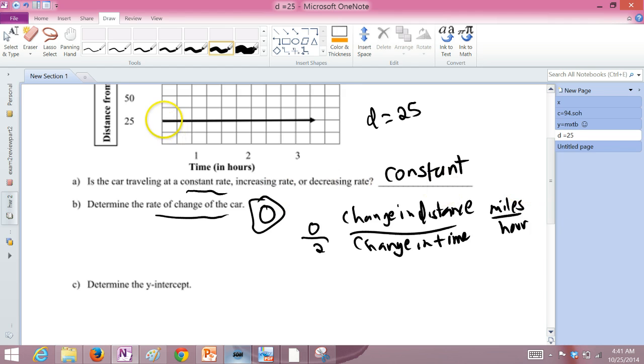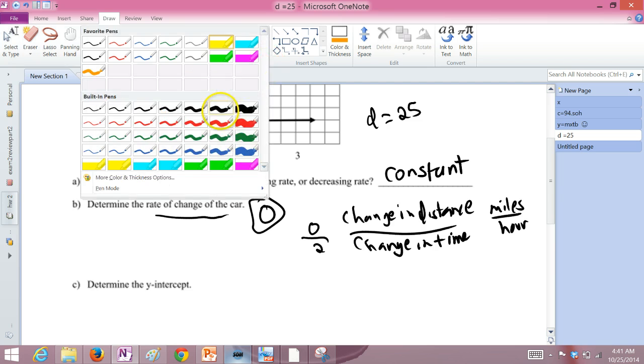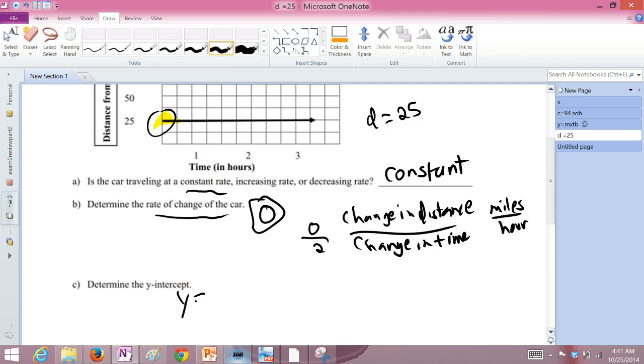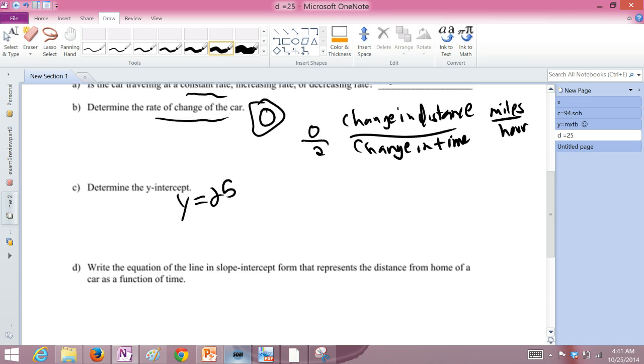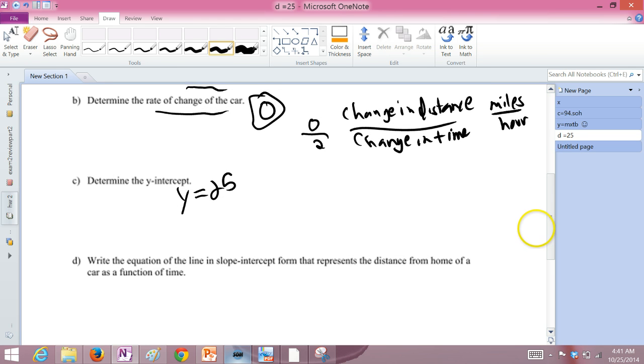The y-intercept is where you intersect the y-axis. So that occurs at 25. Equation for the line in slope-intercept form.